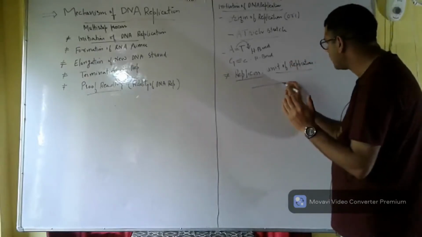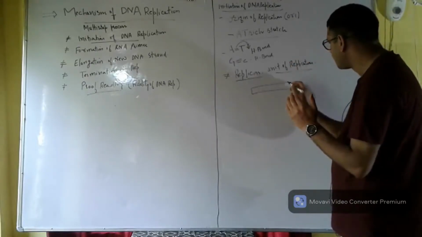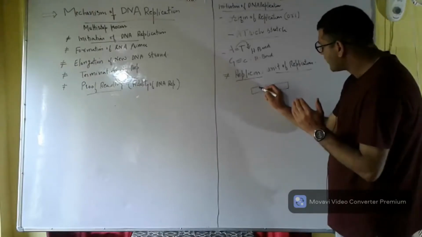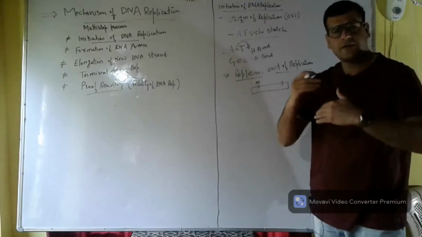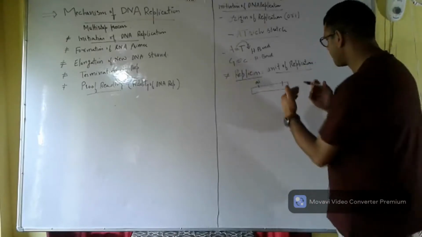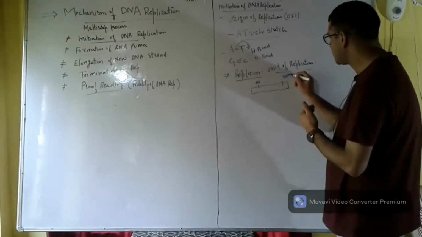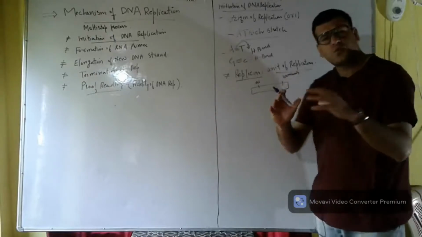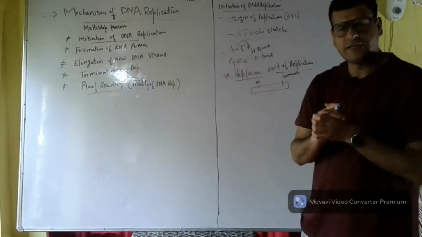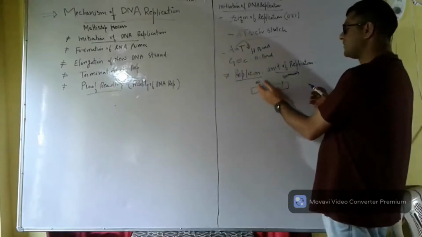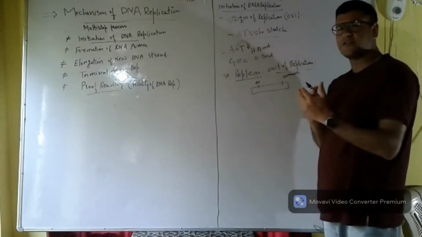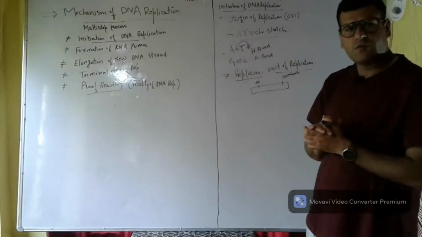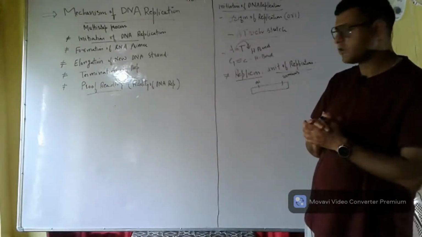For example, we have a DNA molecule. If the ORI site is here, and obviously somewhere there would be a terminus site. This terminus site represents where DNA replication will terminate. The ORI site is the origin of replication, and the terminus site determines where the replication is going to stop.